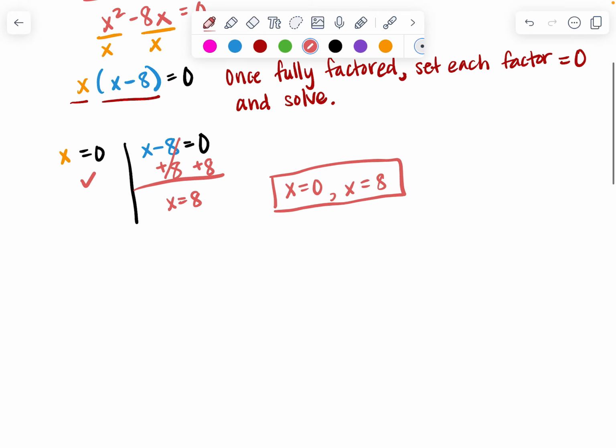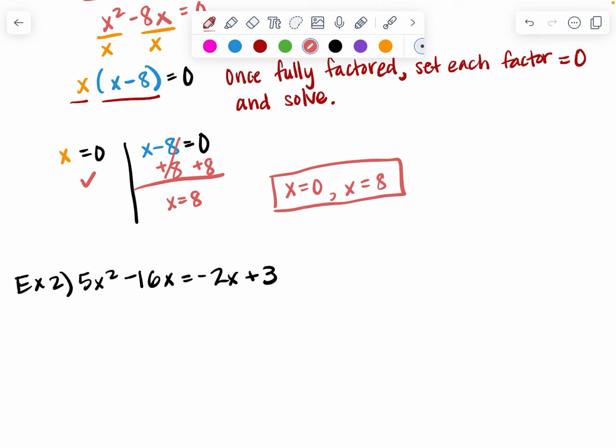Let's do a trinomial where we have to use the x puzzle. First step is to get this into standard form.